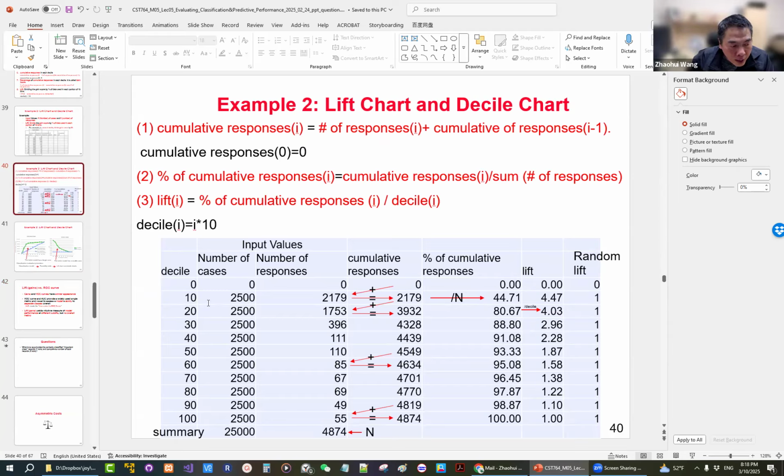Here the cut value is 10, then cut value is 20, until 100. So we have the cut value, then we can obtain different points in the lift chart or the decile chart.